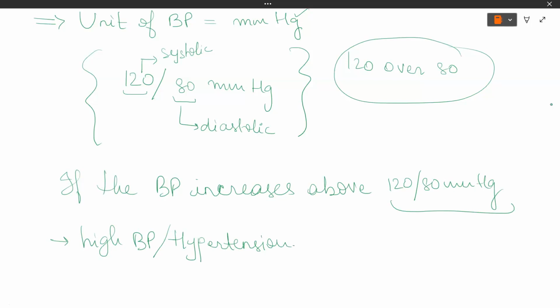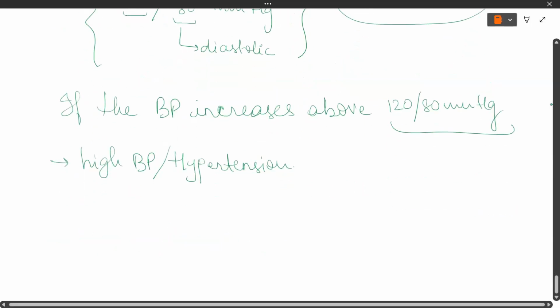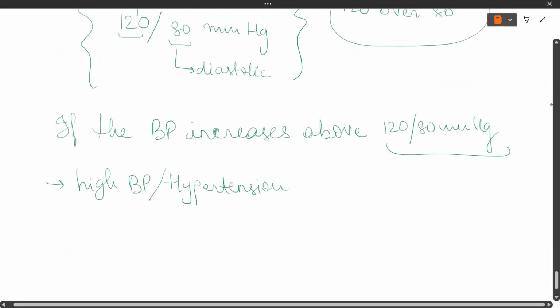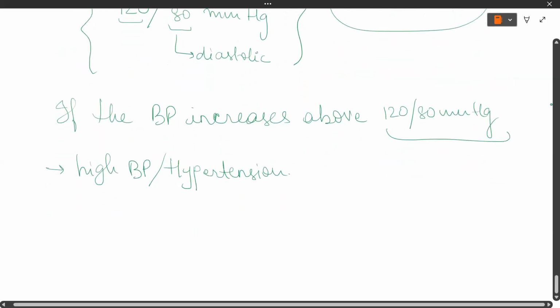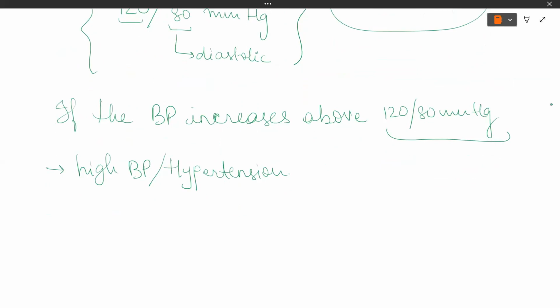Now, do you know why high blood pressure takes place? You don't have to know it, but I'll tell you quickly. Stress can be one of the factors, but the main factor is that when people eat a lot of junk, oily and processed food, that junk and cholesterol starts getting deposited in the arteries and veins.